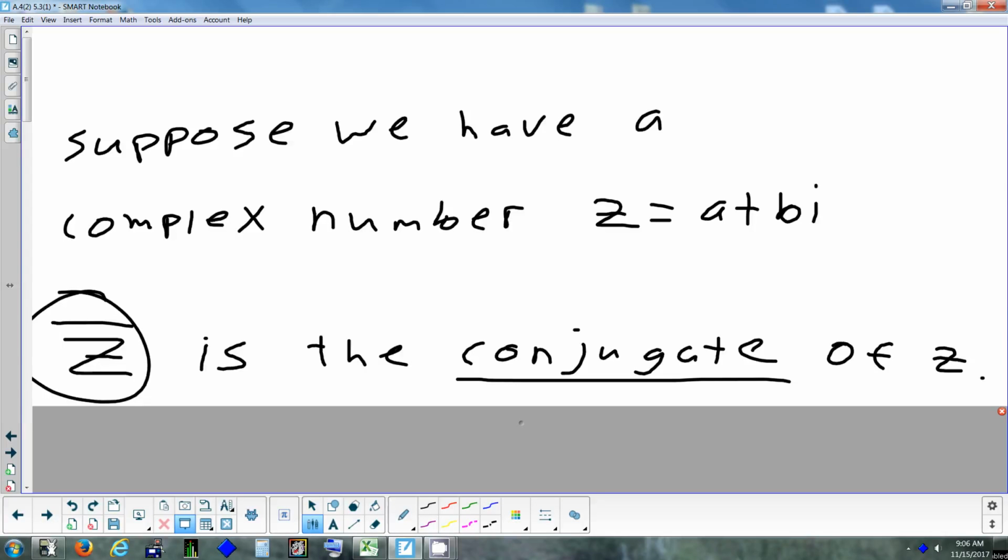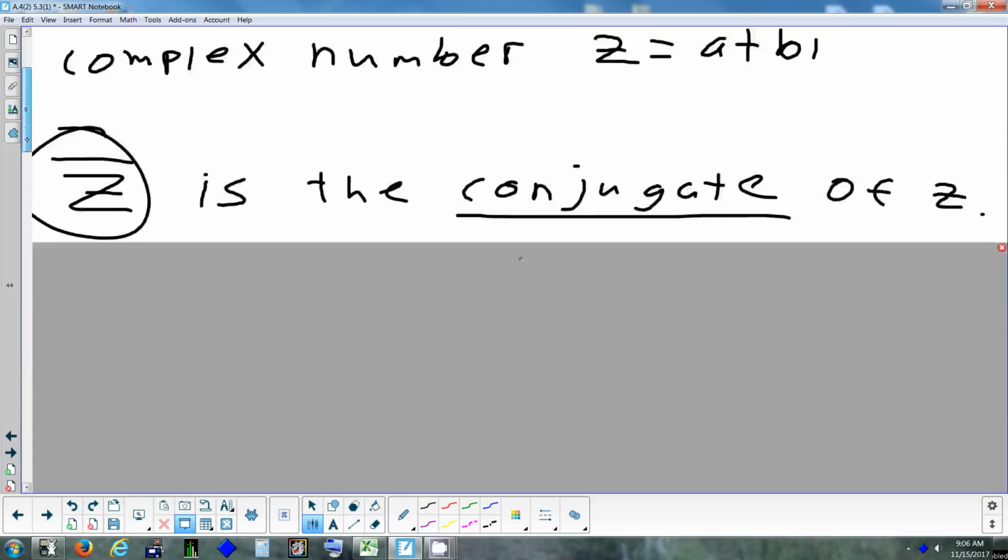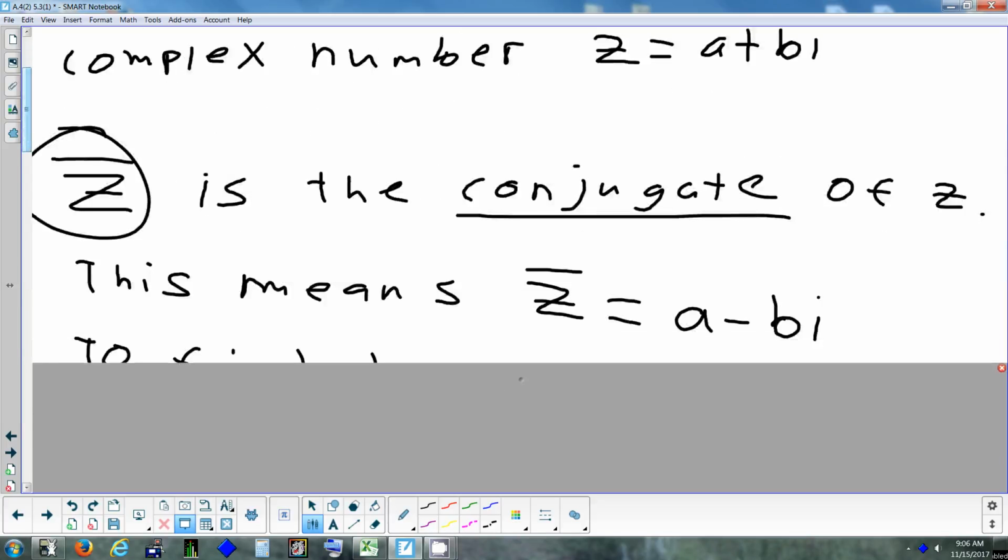Okay, conjugates come up when we study complex numbers. They're going to come up again next week when we do trig identities too. So a conjugate, all that means is if you look at the imaginary part, it's a plus bi, you change the sign of it. You make it minus bi.